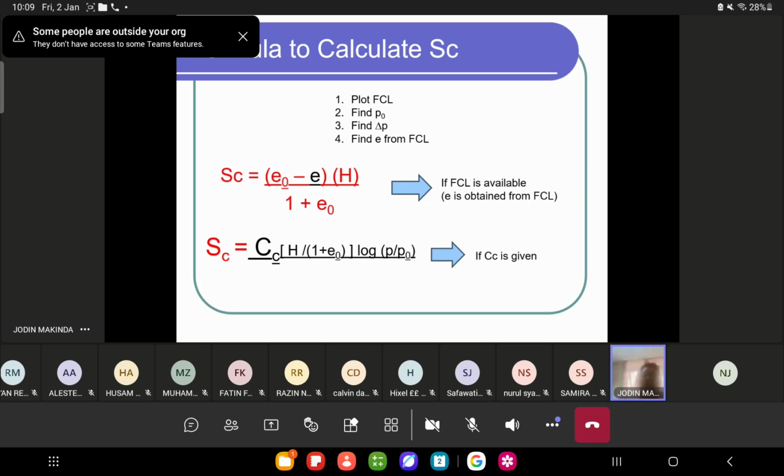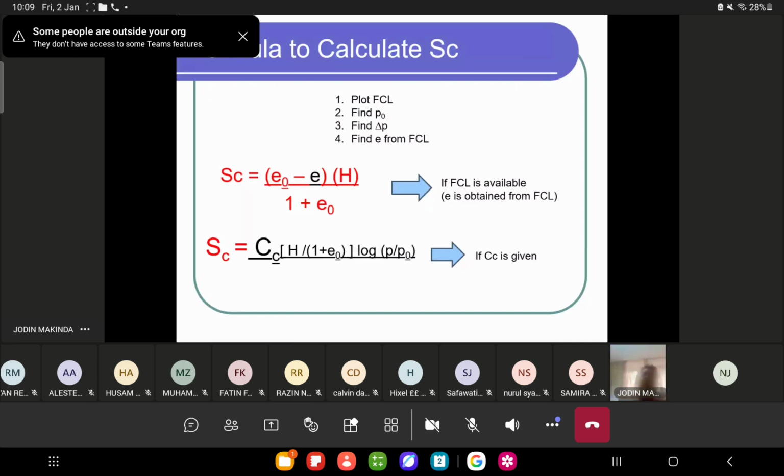In some cases, the value of the CC, the compression index, is given, which is equivalent to the slope of the FCL. So we have more than 2 formulas to calculate the primary consolidation settlement SC.